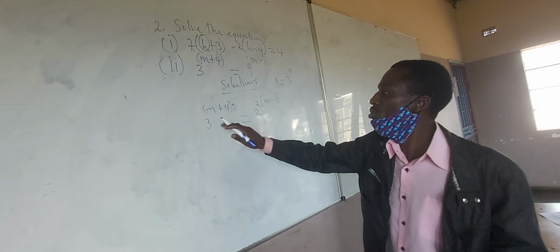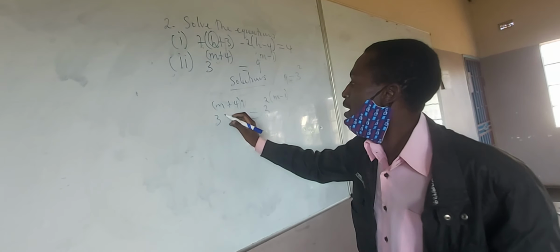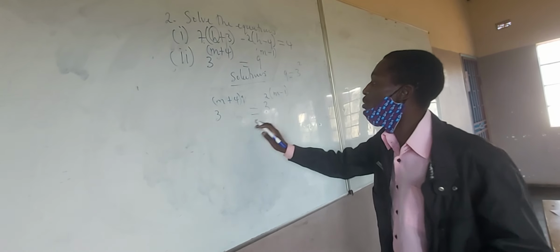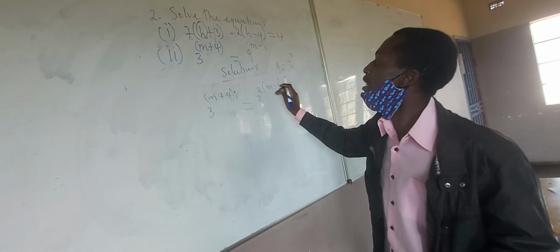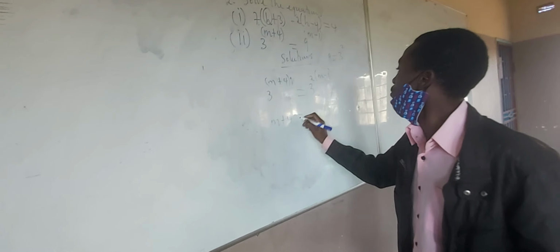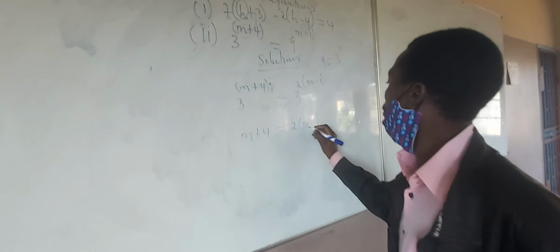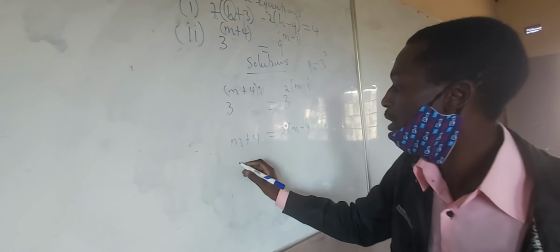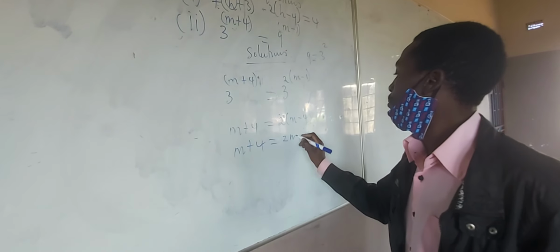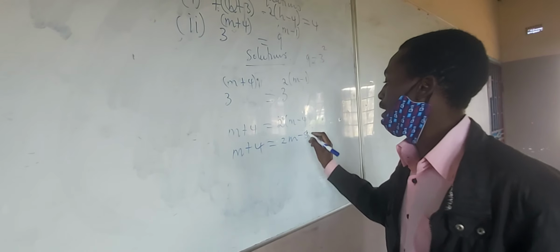So now our bases are the same. So we have to equate the powers only. So we say m plus 4 is equivalent to 2 times m minus 4. And we get m plus 4 is equivalent to 2m minus 8.